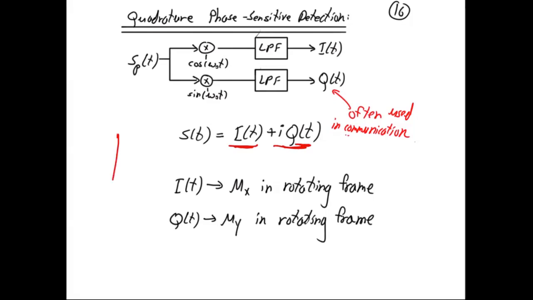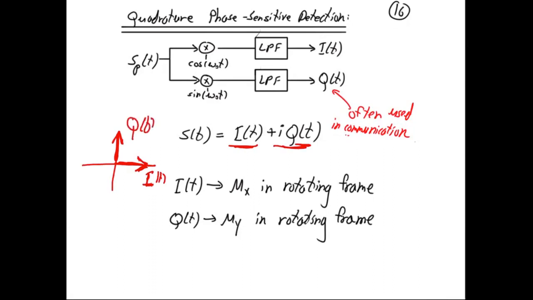So if I have a magnetization that is just in the X direction, its signal is going to be I of t. If I have a magnetization in the imaginary component, its signal is going to be Q of t.